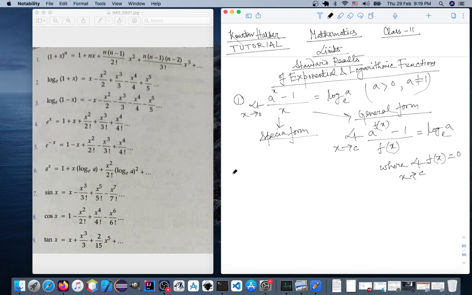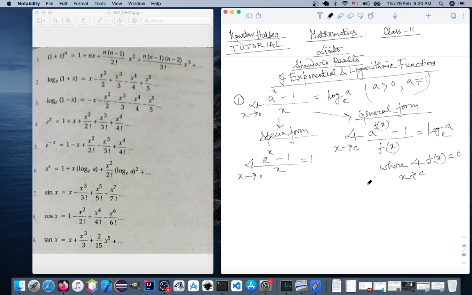You can see that this is for any general constant a. If you have e instead of a, the result becomes log e, which is 1. So just note that limit x tending to 0, e to the power x minus 1 divided by x, is 1.